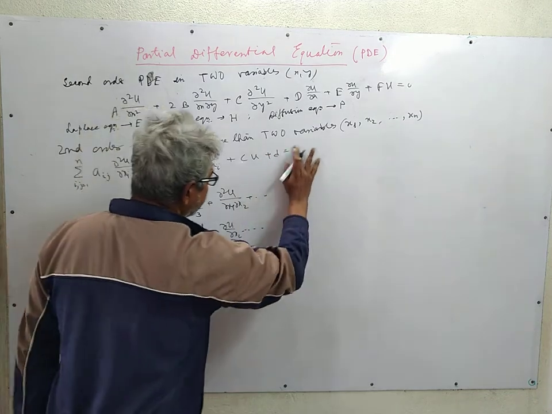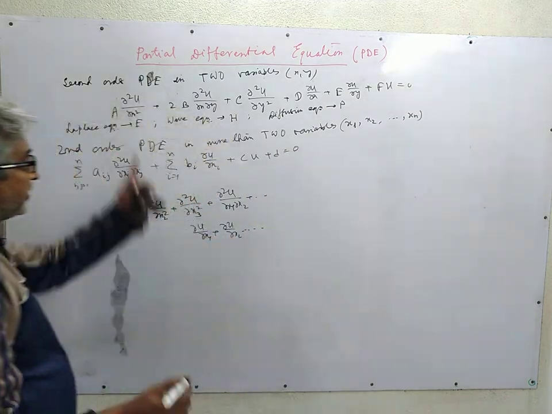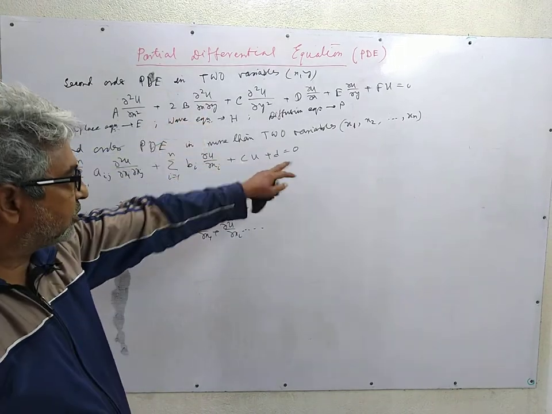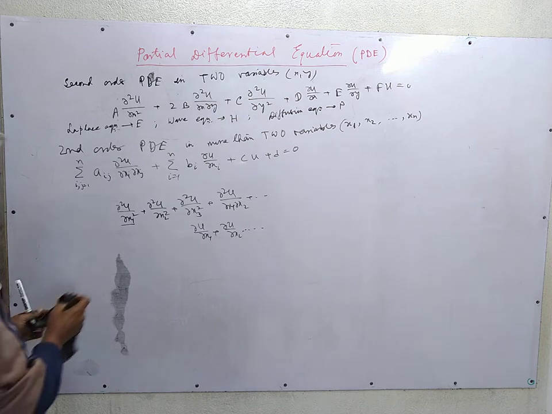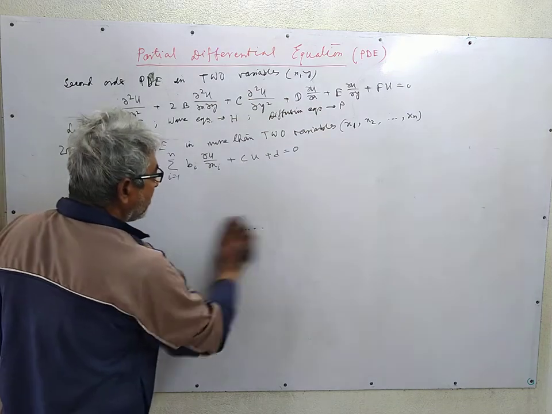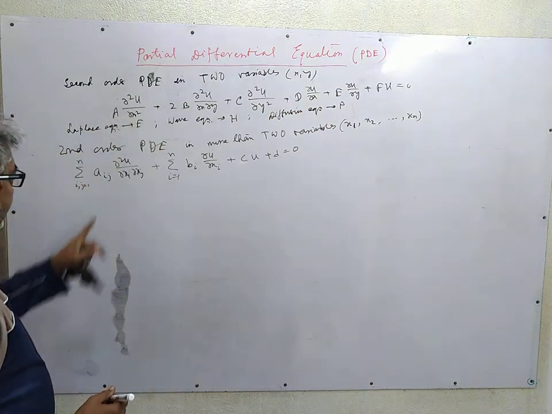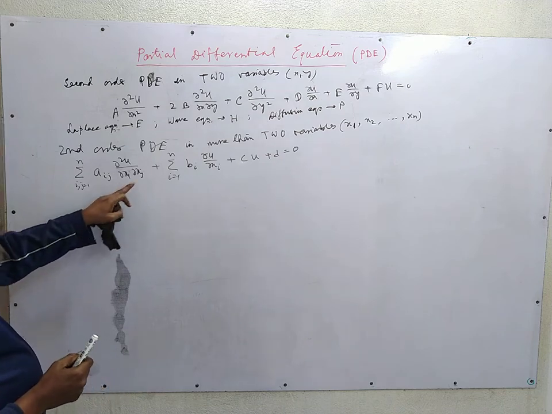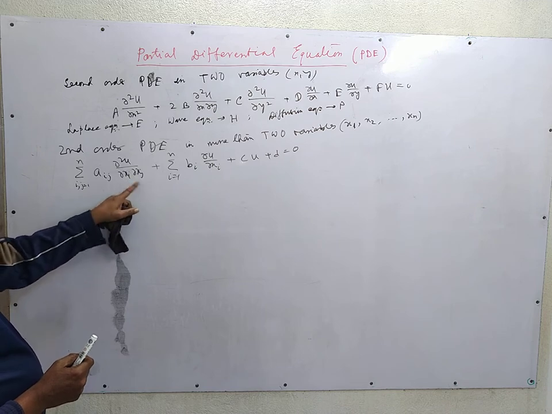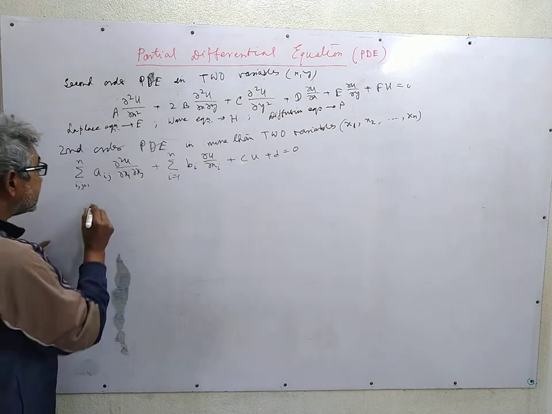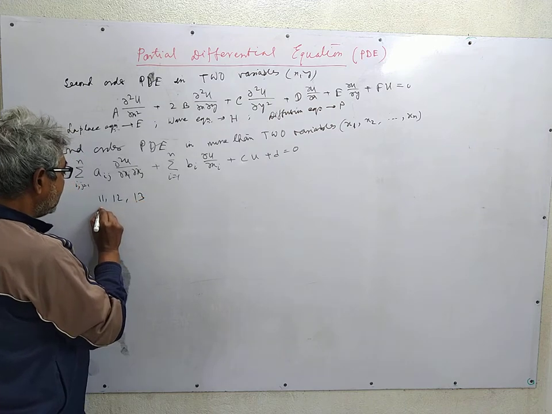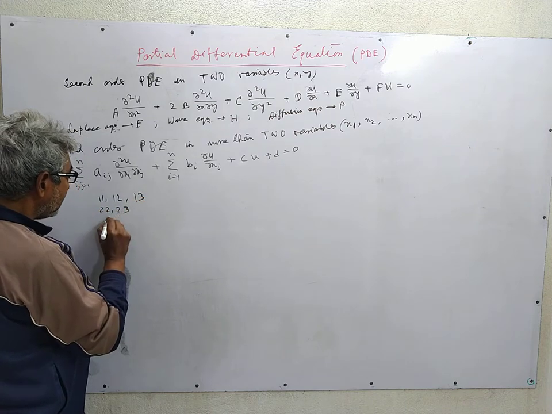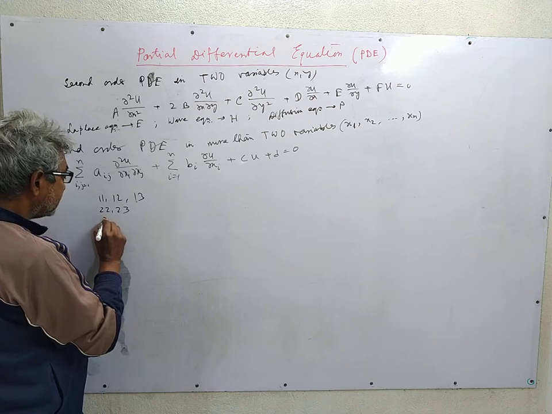If the equation happens to be a homogeneous one, as we have considered here, then d is 0, and otherwise d is non-zero. So this term considers the 1 1, 2 2, 3 3, 1 2, 1 3 terms. So the combination is 1 1, 1 2, 1 3, 2 2, 2 3 and 3 3.